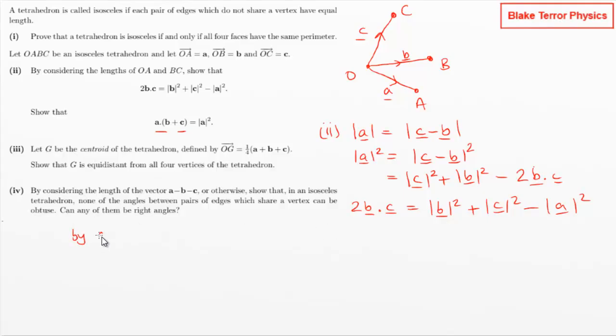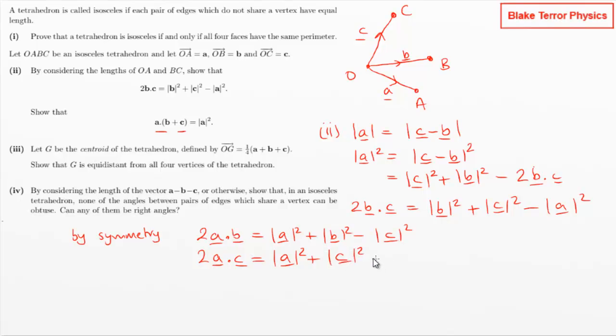It doesn't really matter. We've got nothing special about A, B, or C. So let's go a dot b. That is going to be mod a squared plus mod b squared minus mod c squared. And then 2a dot c is going to be this, so that's just flipping all the letters around.